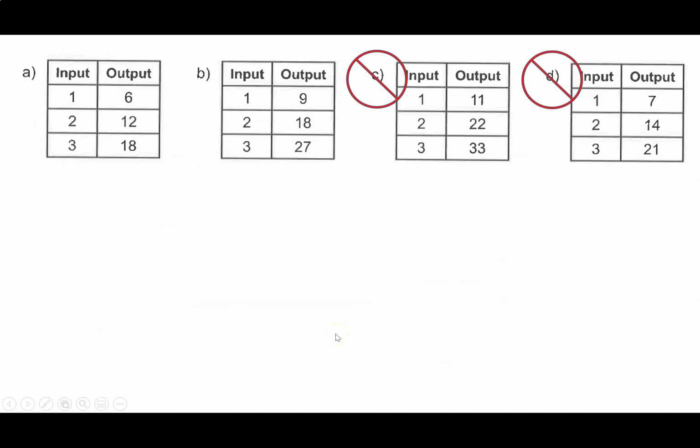Let's try part A together, then I would like you to try part B. You may cross out C and D. All right, remember part 1 is describing how the input changes. So the input increases by 1 each time.